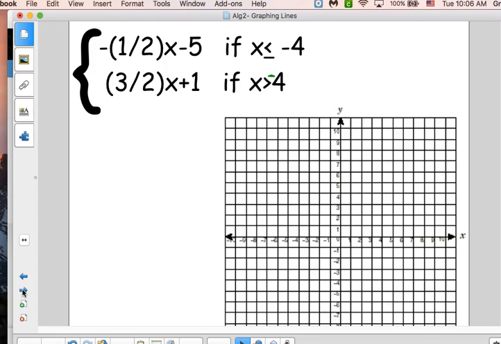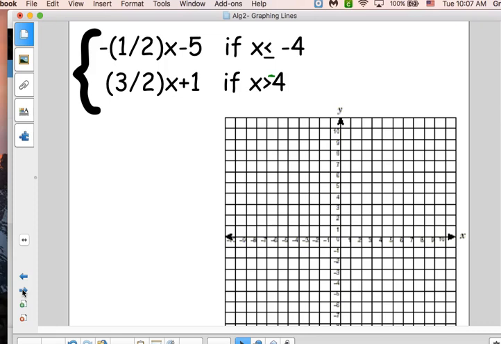And they should both be -4s for the inequalities. How many pieces is this graph going to have? 2. There's 2 lines. So however many lines there are, that's how many pieces you're going to have.